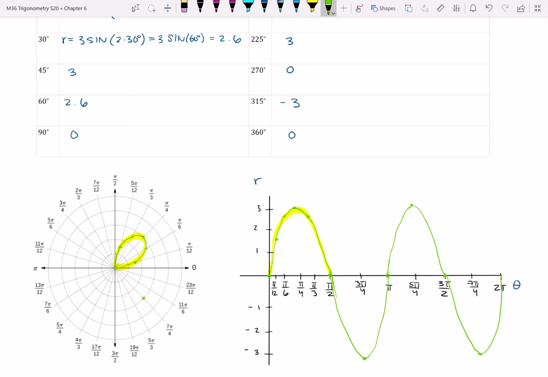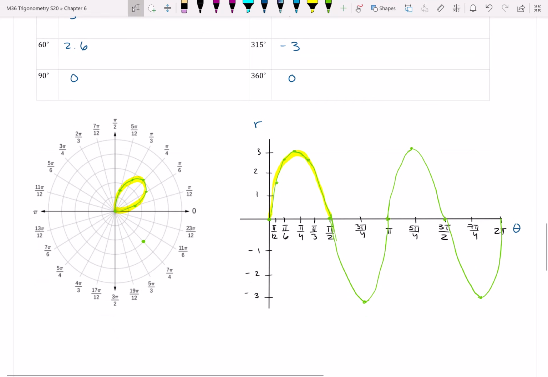All right. And then we have 180, and then back to 0. And so again, we didn't actually plug in any of the other values in between pi over 2 and pi, except 3 pi over 4. So we're going to have to estimate what it would look like.